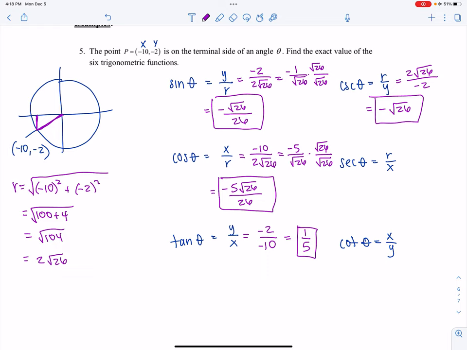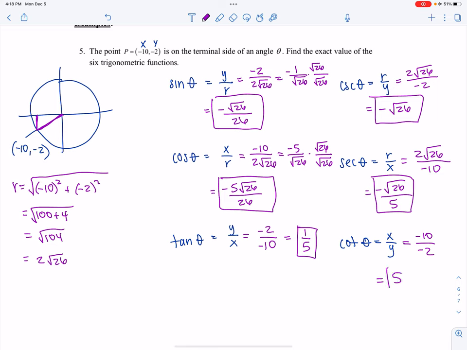Secant theta is r over x, which is 2 root 26 over -10, we can simplify that to negative root 26 over 5. And lastly, we have cotangent, which is x over y, which is negative 10 over negative 2, which leaves us with 5.